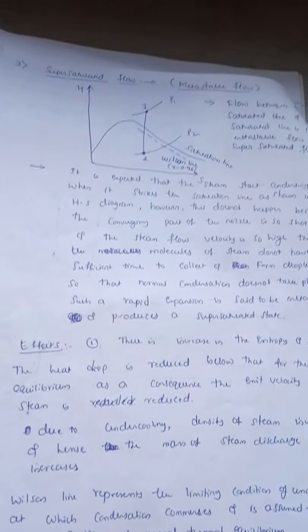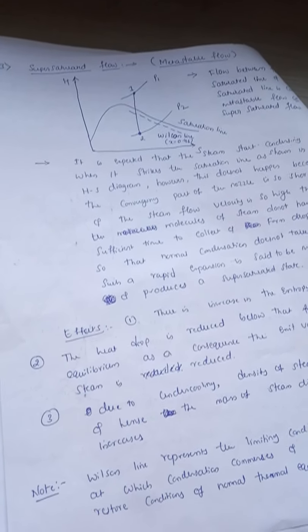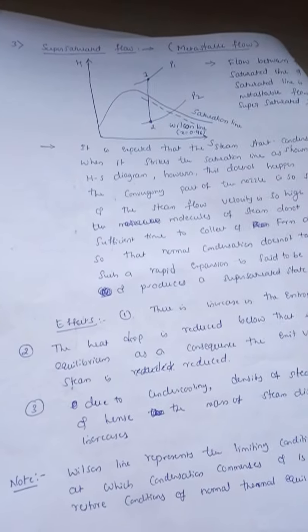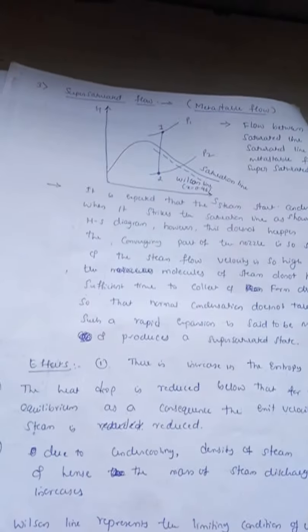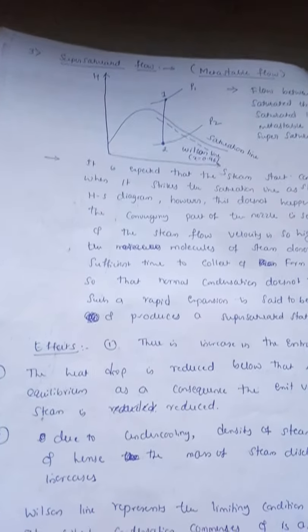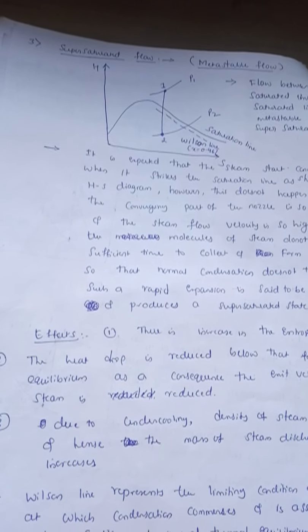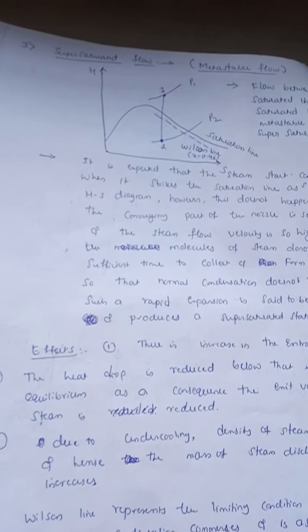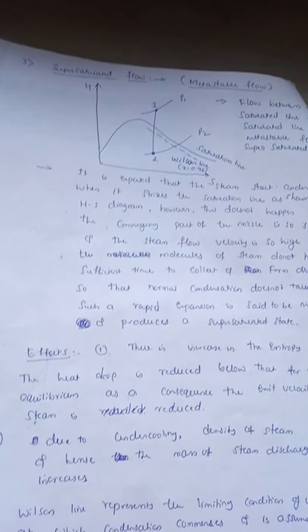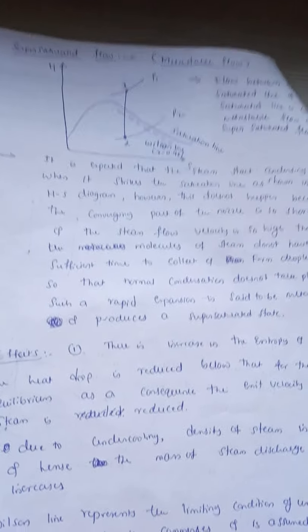Why does that happen? This type of flow occurs in the divergent portion of a convergent divergent nozzle. In the divergent portion the steam is going to expand, and we think the whole steam is going to condense to liquid, but due to rapid expansion some steam does not have time to condense. It remains in an unnatural dry or superheated state only.